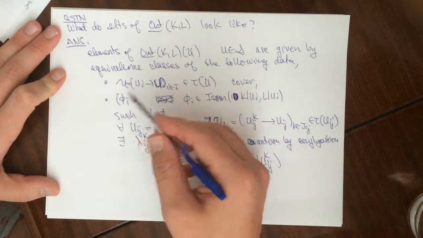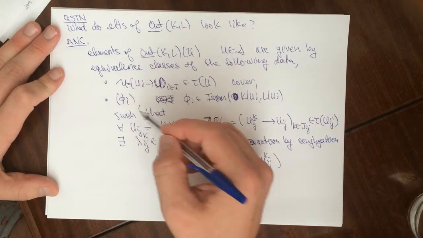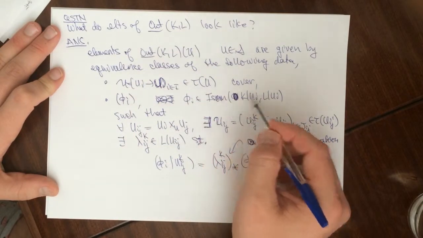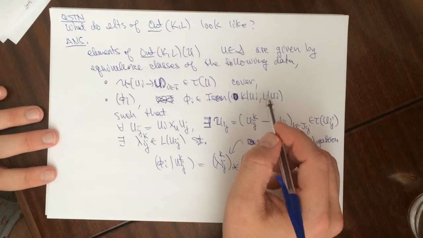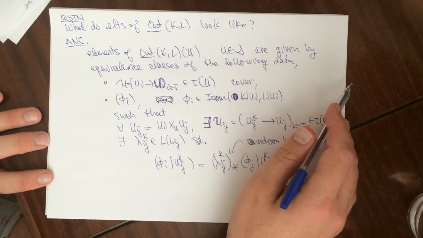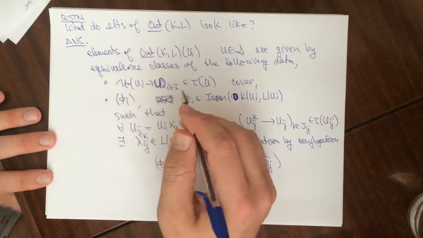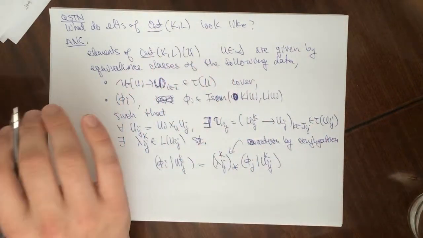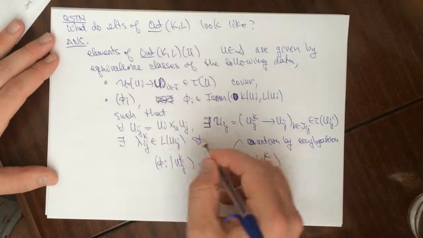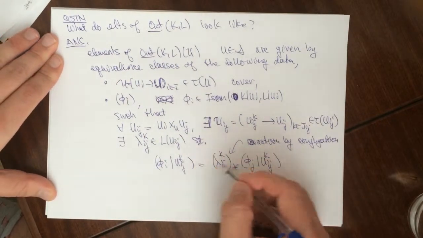And by artificial gluing, we mean that these guys are going to define isomorphisms on these guys. But we need them to patch, and this means that on U_i intersect U_j, they are going to patch even if we restrict them a little bit further. Here, this is the patching condition.